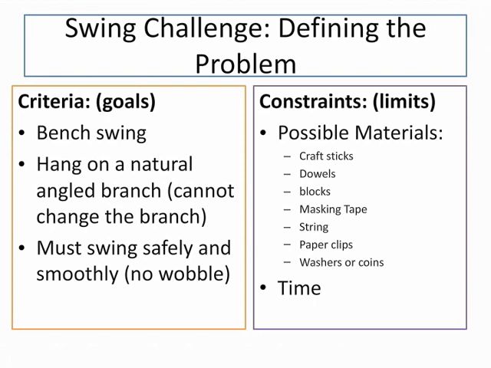And really the first thing you want to do is to set up some model of an angled branch, right? So just like in the model that I had, you want to have some type of a pencil or a stick that you have at an angle, and then set up a swing as best you can, like the model that I showed you, and then test that out to see if it has that wobble like the model swing in the video, and then see if you can figure out something that wouldn't have that wobble when it swings.